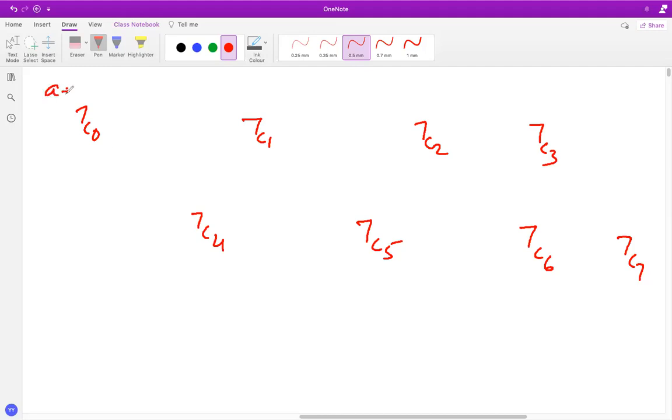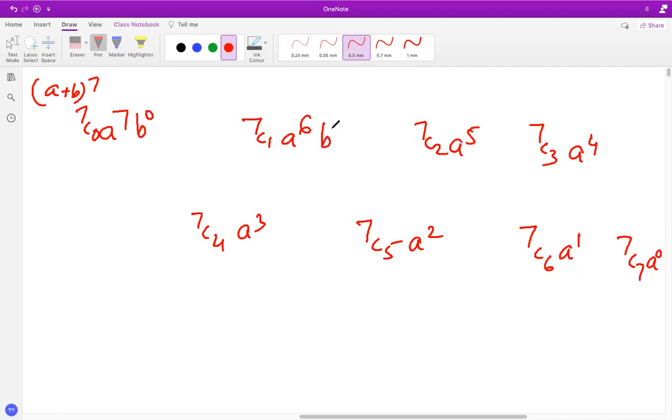Now assume I'm expanding a plus b to the power 7. It is going to be a to the power 7, a to the power 6, a to the power 5, a to the power 4, a to the power 3, a to the power 2, a to the power 1, and a to the power 0. Here it is going to start with b to the power 0, b to the power 1, b to the power 2, b to the power 3, b to the power 4, b to the power 5, b to the power 6, and b to the power 7.